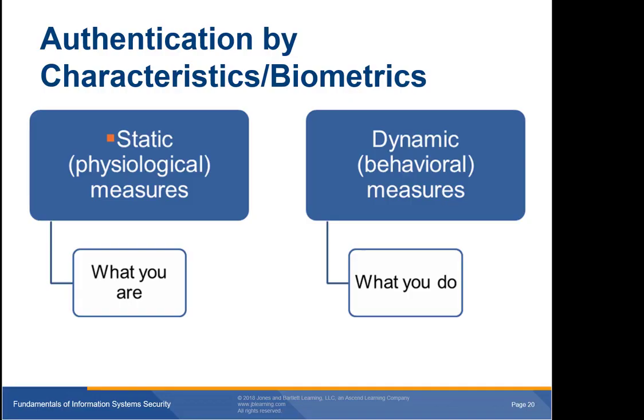Physiological biometrics include recognizing fingerprints, iris granularity, retina blood vessels, facial looks, hand geometry, and so on. Or dynamic, for example, behavioral measures. This is what you do. Behavioral biometrics include voice inflections, keyboard strokes, and signature motions. Note that biometrics of this type are sometimes separated into their own category, which we call authentication by action.